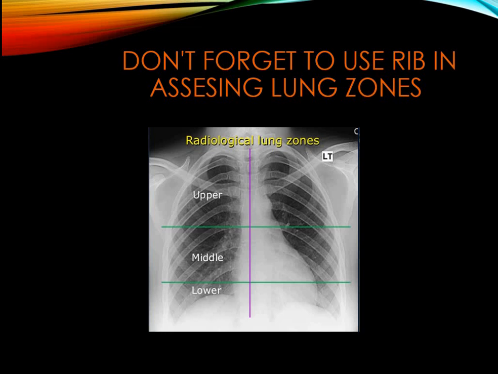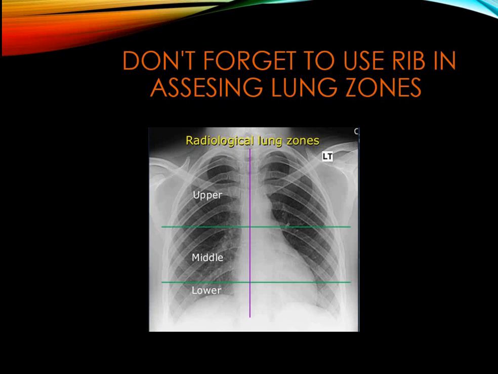and dividing each lung into 3 zones: upper, middle, and lower zone. The upper zone extends from the apex of the lung to the lower edge of the anterior ramus of the second rib. The middle zone extends from this line to the line drawn through the lower edge of the anterior ramus of the fourth rib.